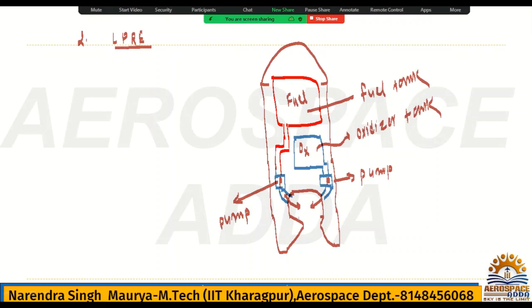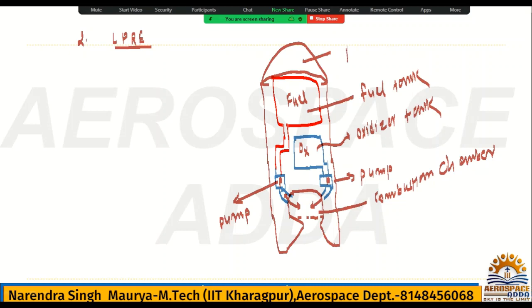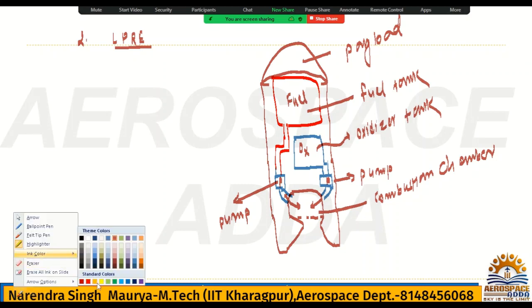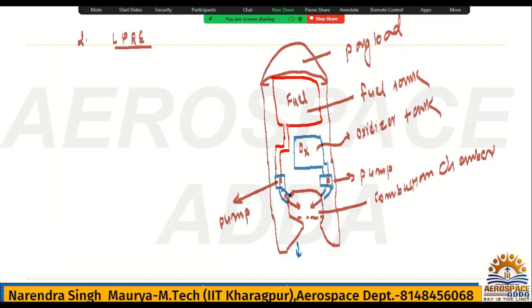And here we have a combustion chamber. This is the combustor. And this is the payload. And this is the exhaust gases coming out.